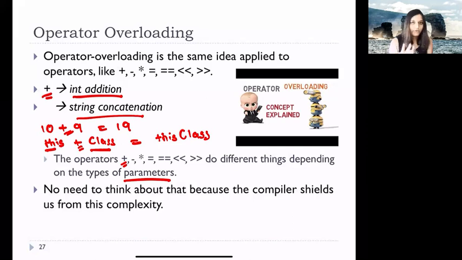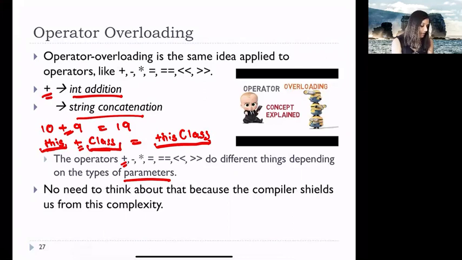And when you have overloaded operators, there are many intricate details going on behind the curtains. Like when you want to concatenate strings, you need to allocate a new string that is of the size of the characters of the first string plus the characters of the second string.